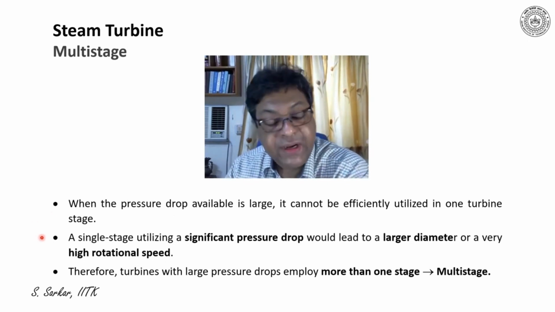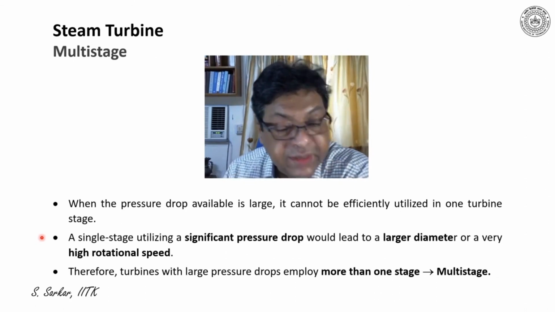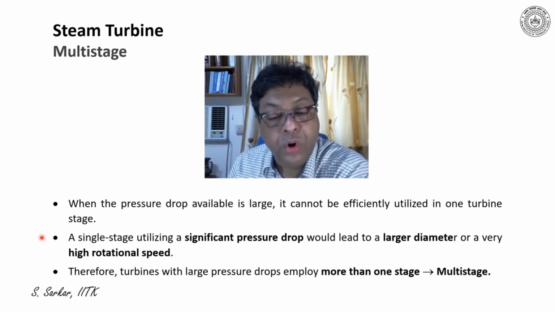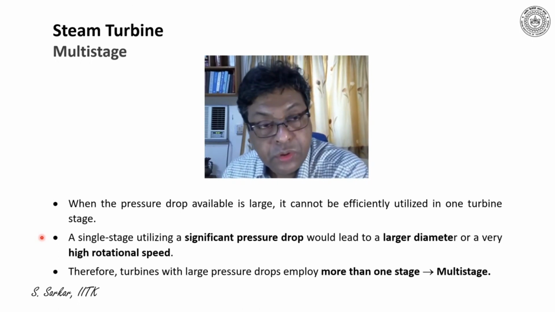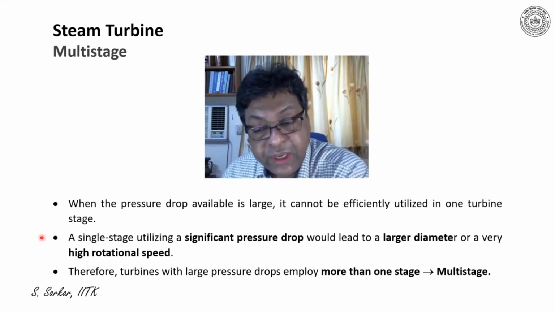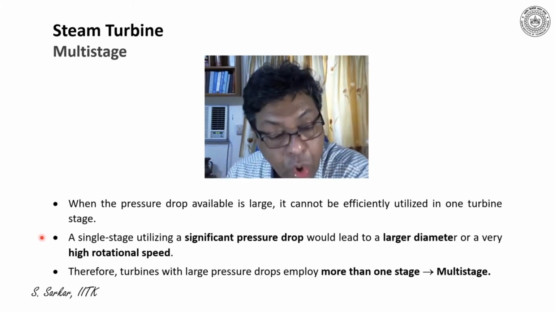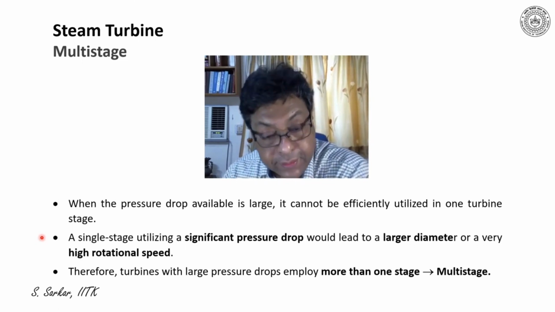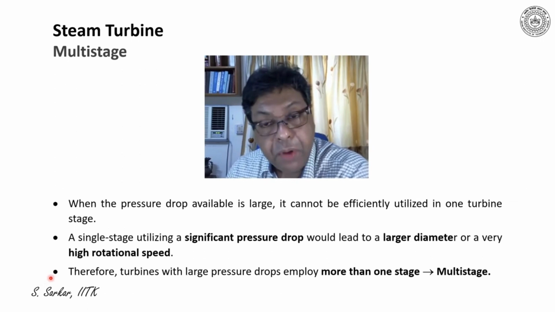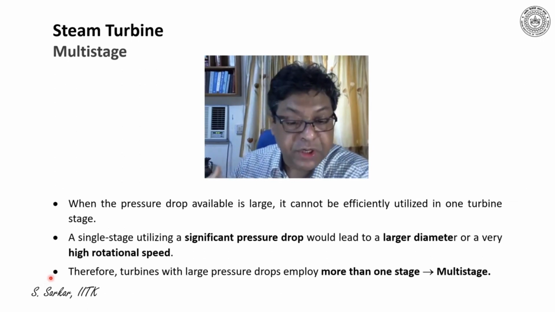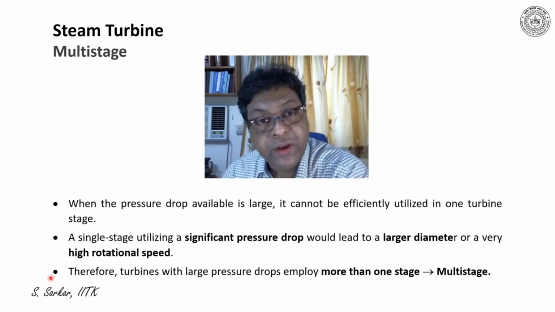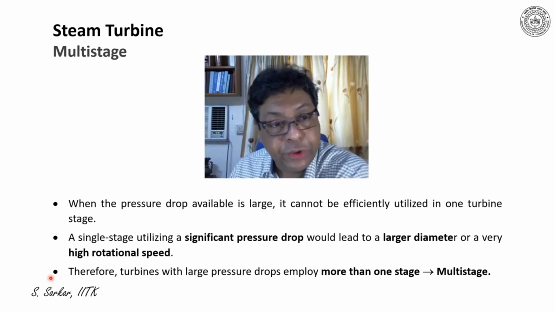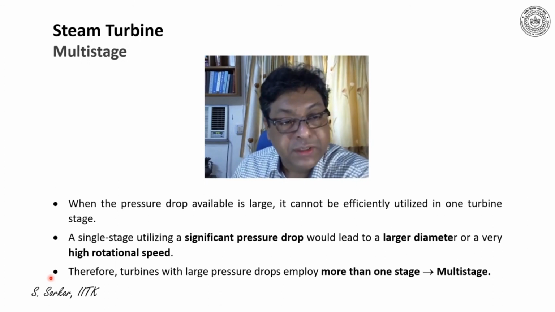Furthermore, please note that a single stage utilizing a significant pressure drop or enthalpy drop would lead to a larger diameter or a high rotational speed. Therefore, turbines with large pressure drop employ more than one stage. That is, we are learning the concept of multistage.